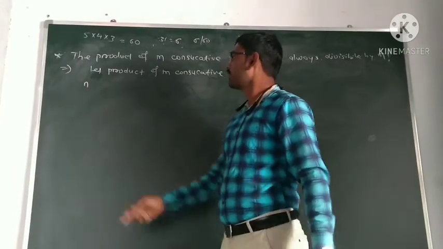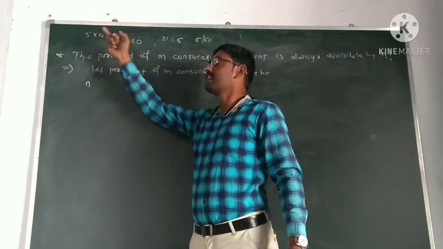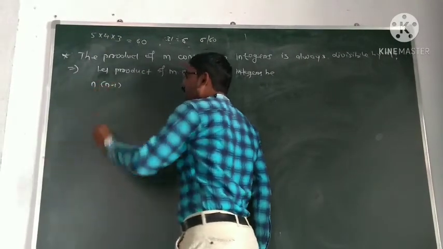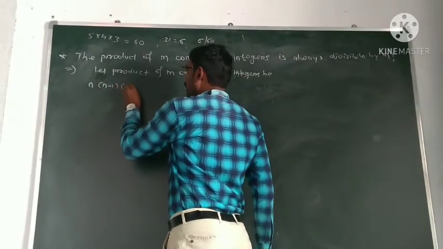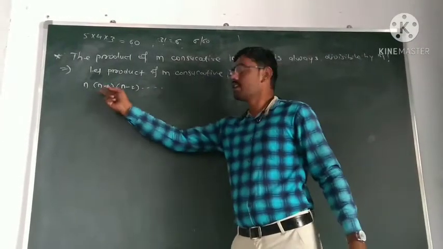The first integer is n, say like n is 5. The second integer is n minus 1. Then n minus 2, up to the m-th integer.